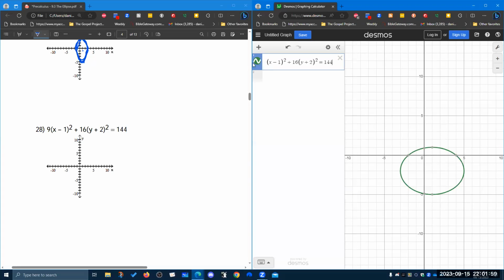I'm going to see that this is going to be x minus 1 squared over 16, y plus 2 squared over 9 is equal to 1. So my center is going to be at 1, negative 2. Major axis is going to be in the x direction 4, 1, 2, 3, 4, 2, 3, 4. Minor axis is in the y direction 3, 1, 2, 3, 1, 2, 3.